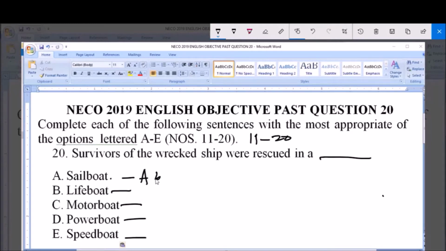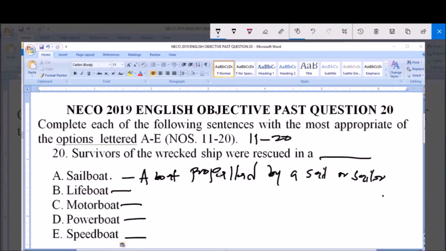A sailboat is a boat propelled by a sail or sailor.